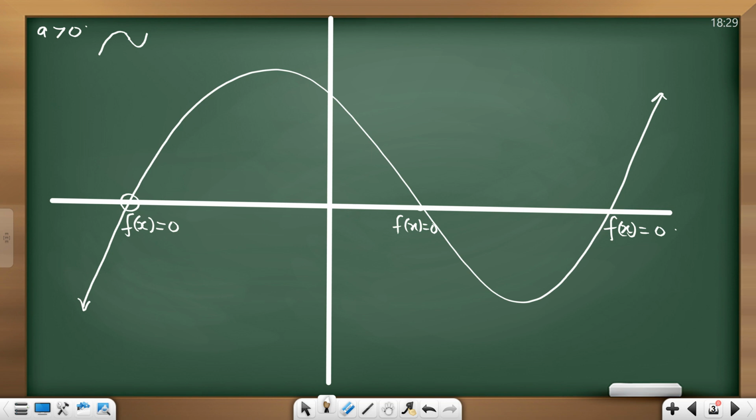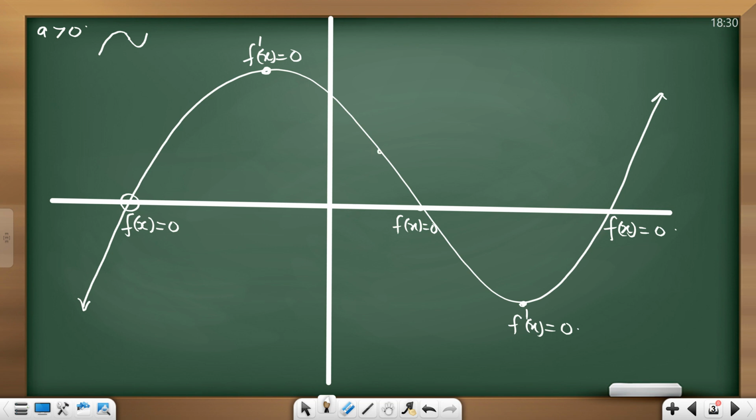What do we know about this? At your turning point, you derive and you say equal to what? f prime of x is equal to what? f prime of x also is equal to what? I hope this interpretation is going to make sense to you.